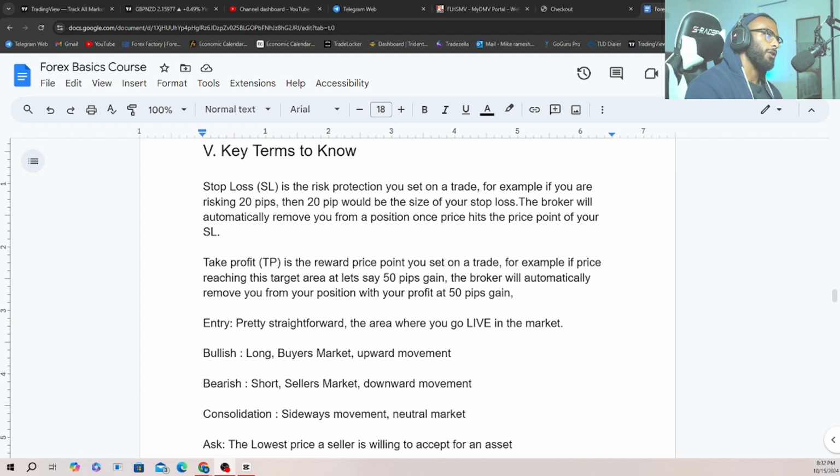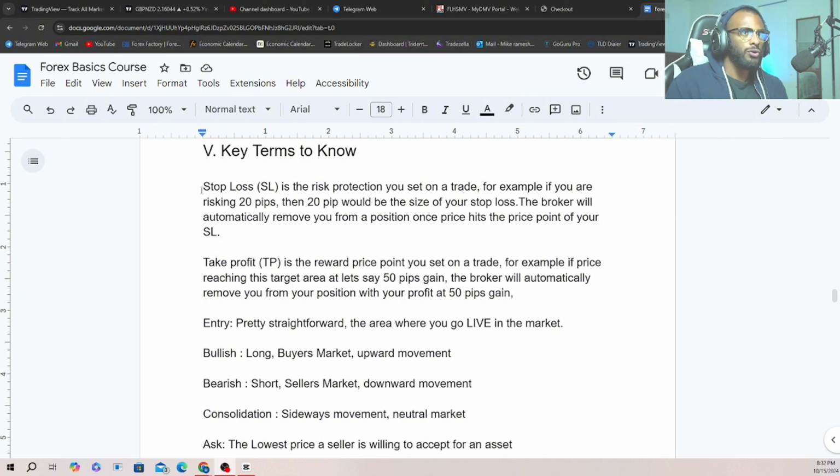So first things first, as you can see, we're going to be going over your stop loss. Your stop loss is the risk protection that you set on a trade. For example, if you're risking 20 pips, then 20 pips would be the size of your stop loss.